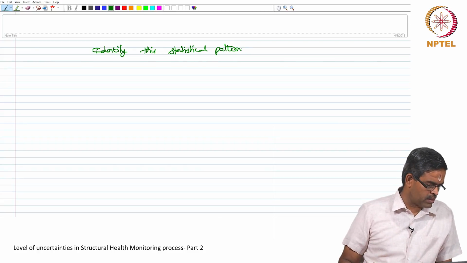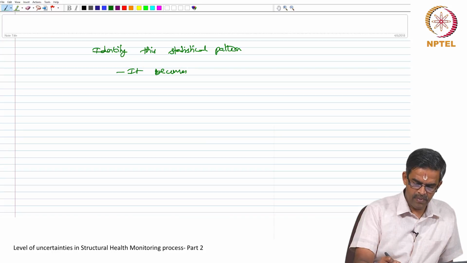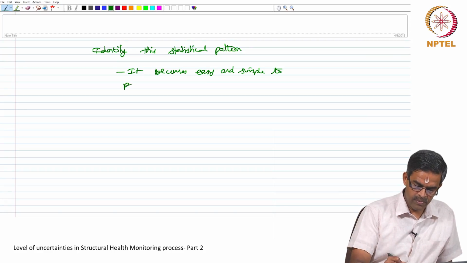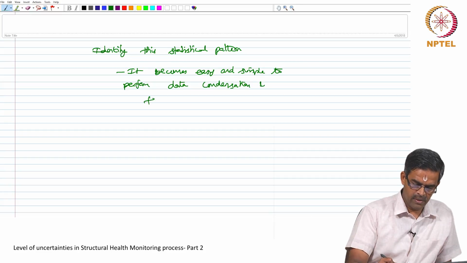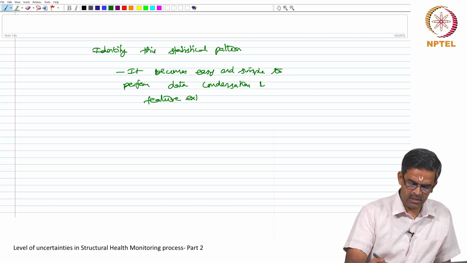Once you identify this pattern, it becomes easy and simple to perform data condensation and feature extraction from the data.